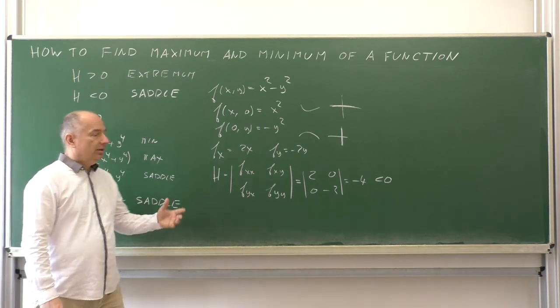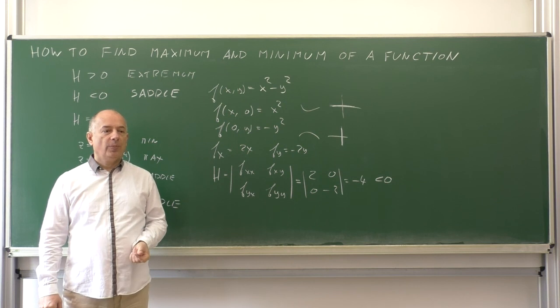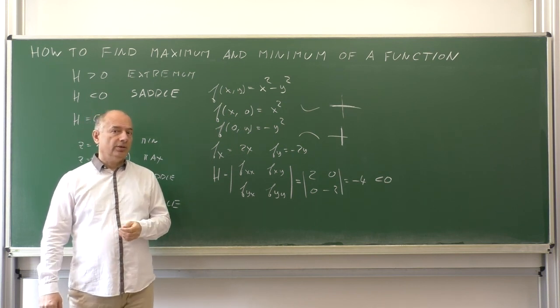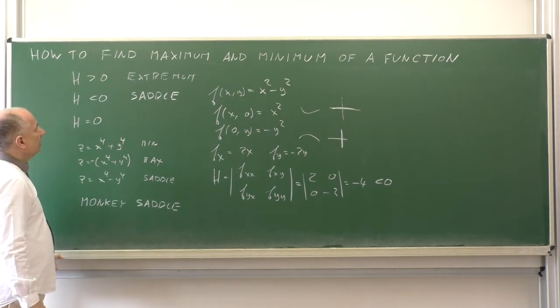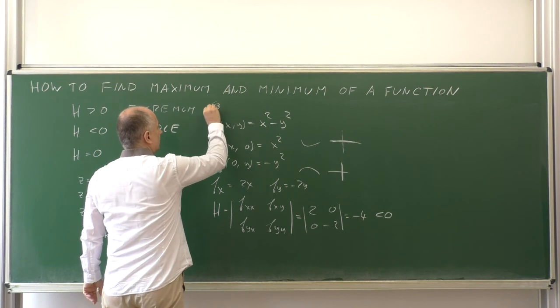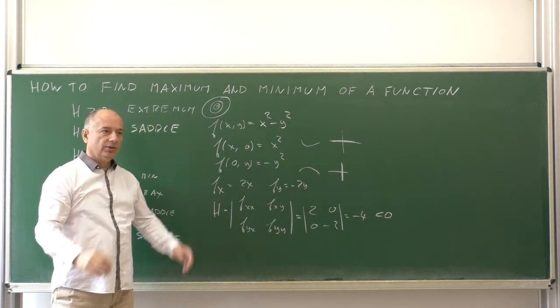So Hessian 0 tells nothing, and we must consider something more sophisticated. A good way is to plot the function using a computer, plot the graph of the function, or plot the contour lines. An extremum is signaled by contour lines looking like concentric circles.